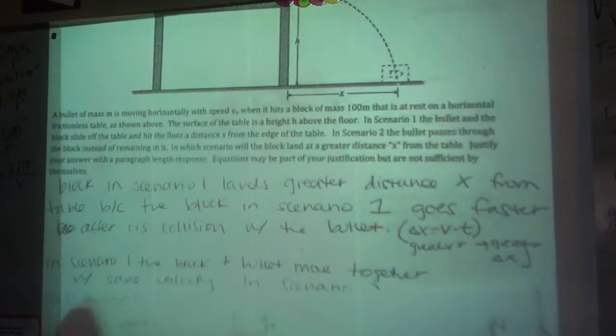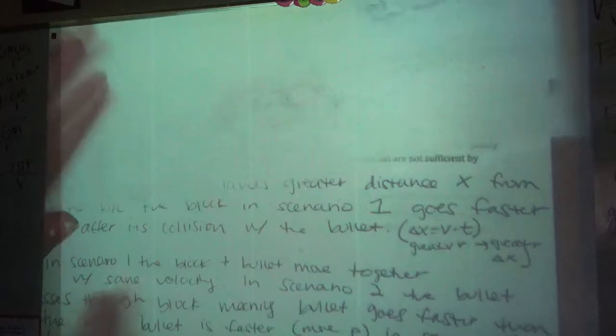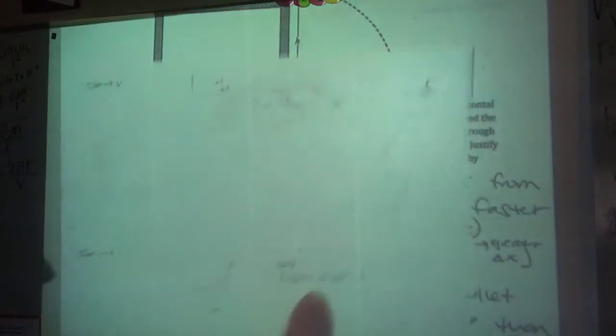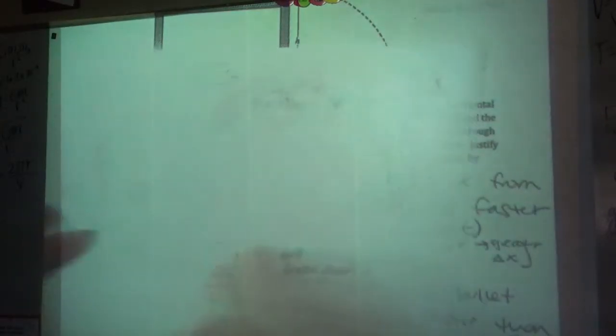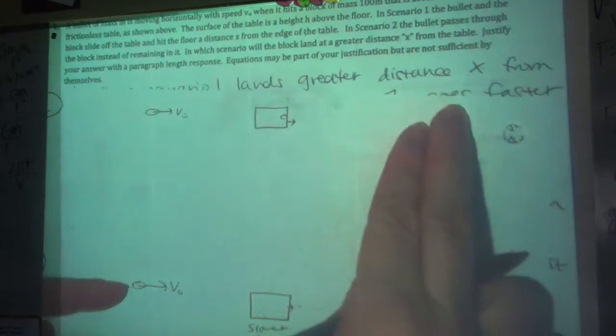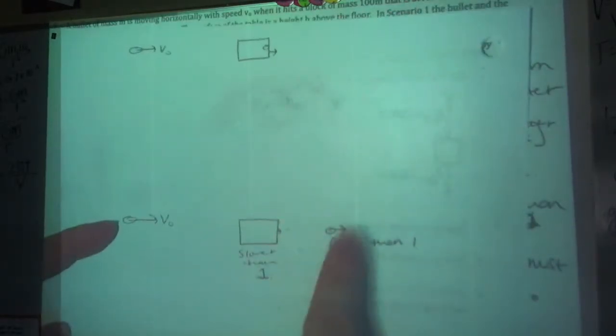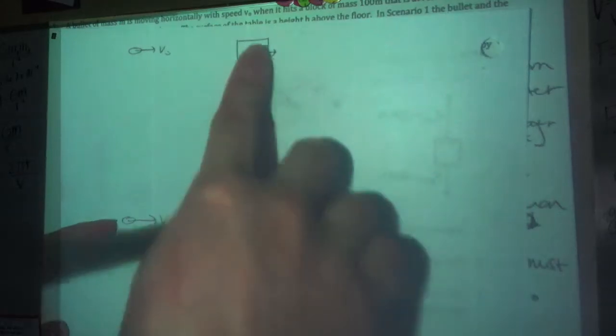And if you wanted to draw your little diagram on here, that's fine, as long as you can't just draw this and write faster and slower, you have to write out your explanation. So again, what we said is when they're compared to when they go together, in scenario 2, if the bullet goes through the block, then it must be going faster than the block, so it must be going faster than the bullet here.